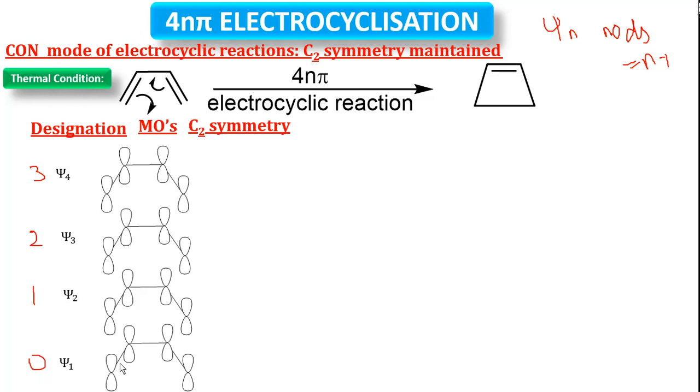The formula: psi n is the molecular orbital, then the number of nodes in psi n equals n minus 1. In psi1 there is no node, so on the top side all lobes are filled with plus, and by default the bottom side gets the negative sign.